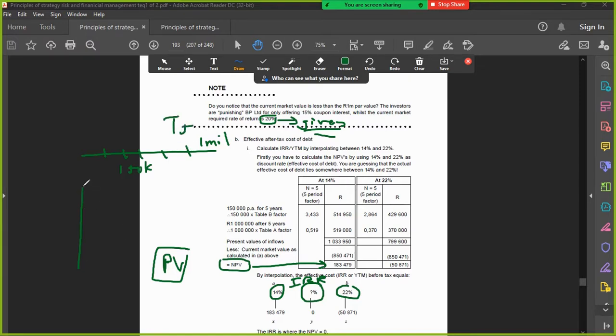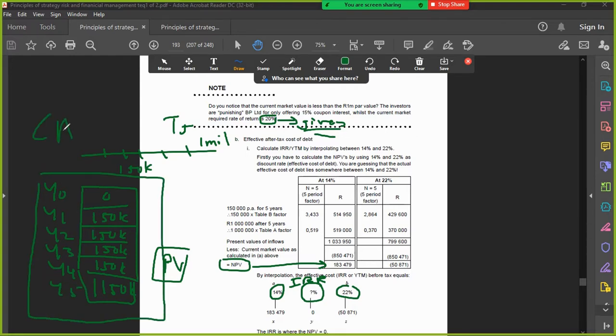So if I had to draw up a table, I would have to show year 0 is 0, year 1 is 150,000, year 2 is 150,000, year 3 is 150,000, year 4 is 150,000, and in the last year I'll have 1,150,000. That'll be year 5. And then you need to use the discounting on the calculator, the cash flow button. And then you're going to get the IRR.